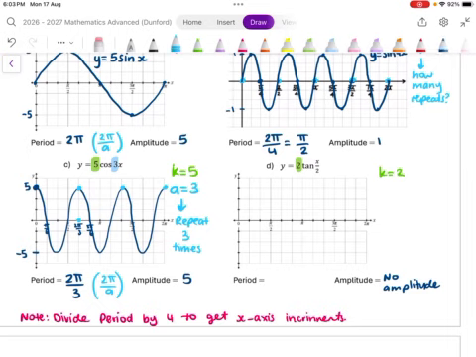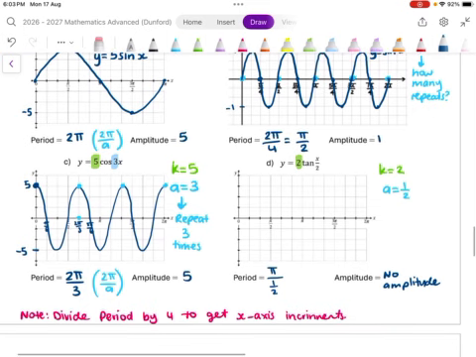And for our period, we have a equals a half. Sorry, period is pi on a when we're talking about our tan function. So it's pi on a half, which just equals 2 pi.